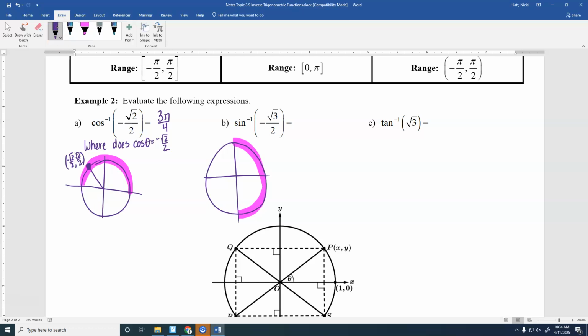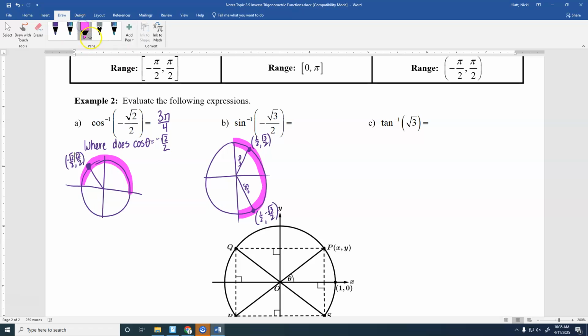Sine is my y-coordinate, and I'm going to put my first quadrant first. I know this point right here at pi over 3 would be 1/2, root 3 over 2. That's not it because it's not negative, but when I graph that corresponding point down here, which is 5 pi over 3, I would have 1/2, negative root 3 over 2.